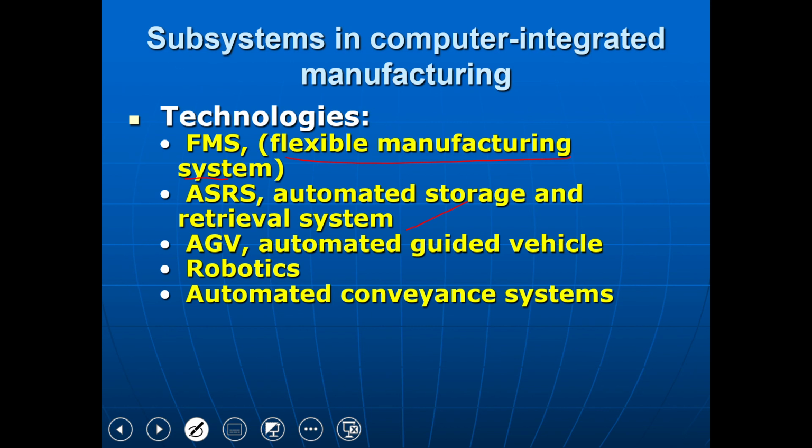Then the AGV will take the finished part and bring it back to the warehouse to store in the inventory inside the warehouse. That is an ASRS system. And then the AGV, automatic guided vehicle, follows the line in the production, to bring the material and to bring the finished product.